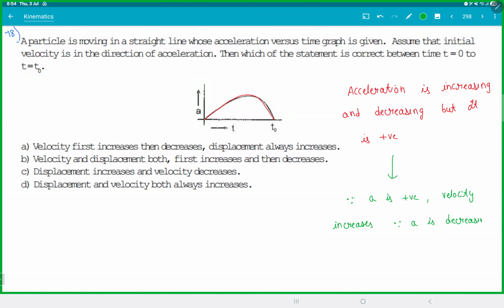Now, can you tell me what is the answer? Velocity increases at a slower rate. That is the meaning of A decreasing. It doesn't mean you'll slow down. If you want to slow down, A should be negative. Velocity increases at a slower rate.